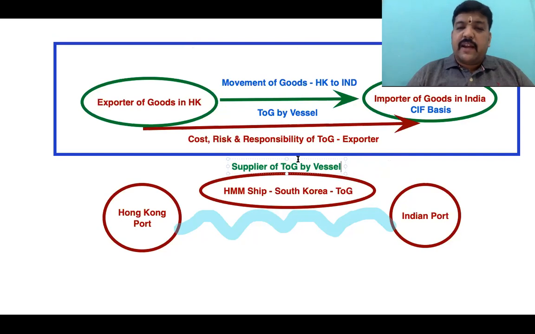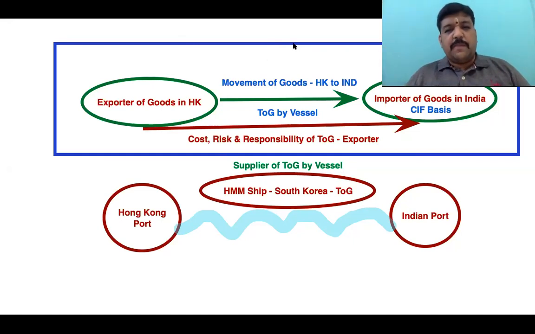because they are the only ones transporting the goods from location A to location B. Location A is Hong Kong, location B is India. Now, for whom are they transporting? Are they transporting for the exporter or for the importer? That answer will be automatic to you, because the responsibility to reach the goods to the Indian port is that of the exporter.